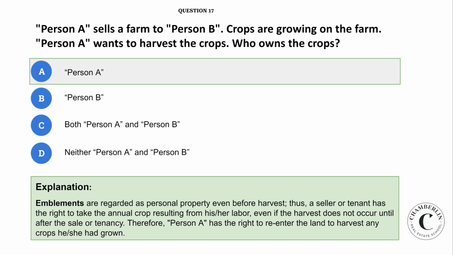Thus, a seller or tenant has the right to take the annual crop resulting from his or her labor, even if the harvest does not occur until after the sale or tenancy. Therefore, person A has the right to re-enter the land to harvest any crops he or she has grown.